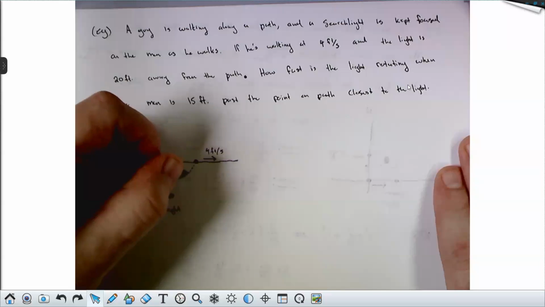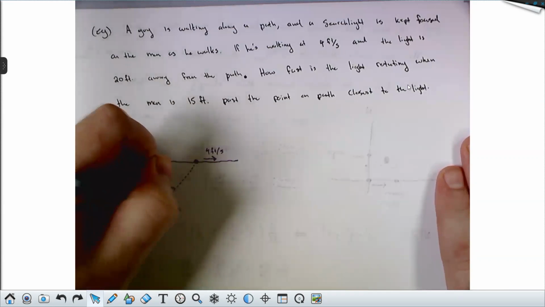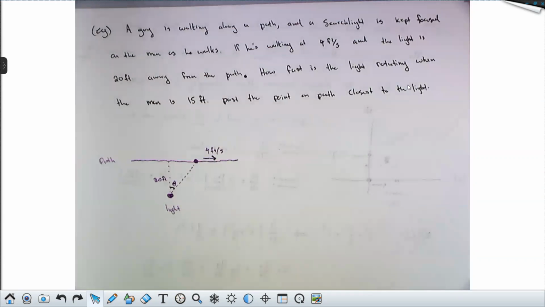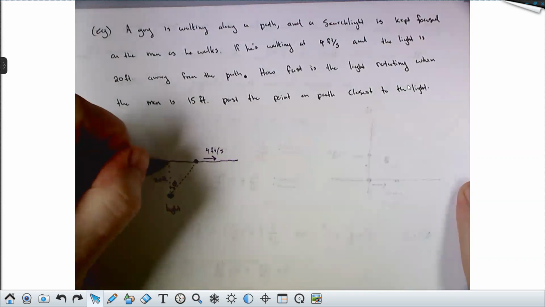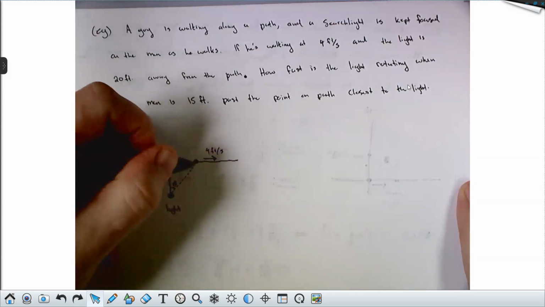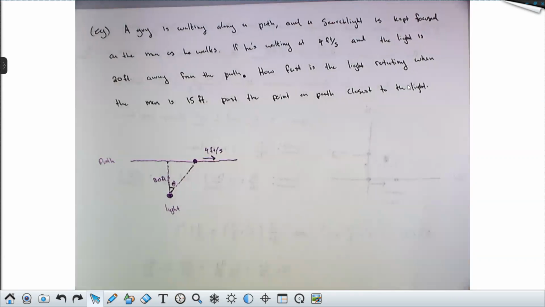What I want to know is how fast this light is rotating. So I'm going to label that angle in there as theta. And you'll notice I can construct a little right triangle.